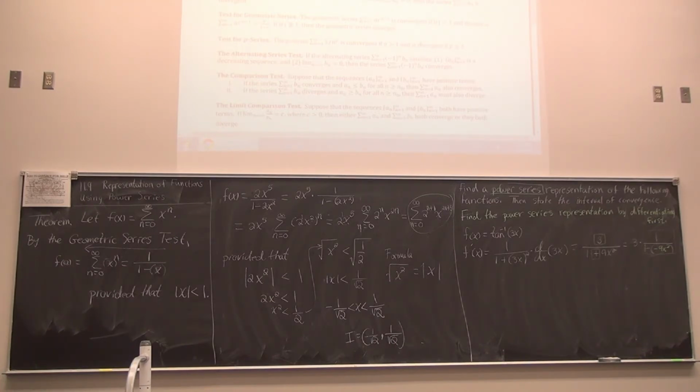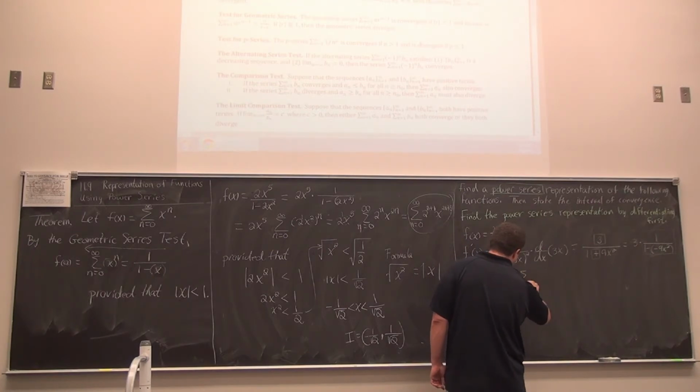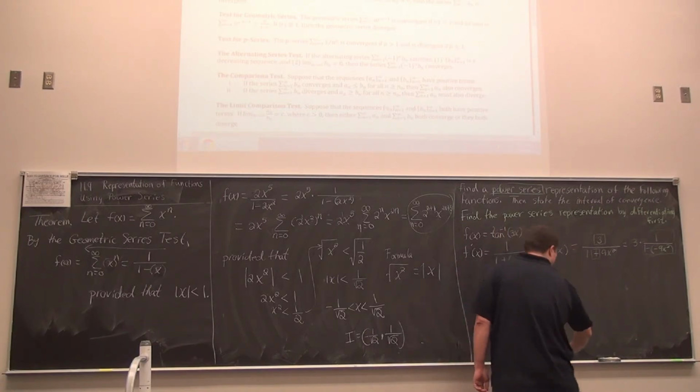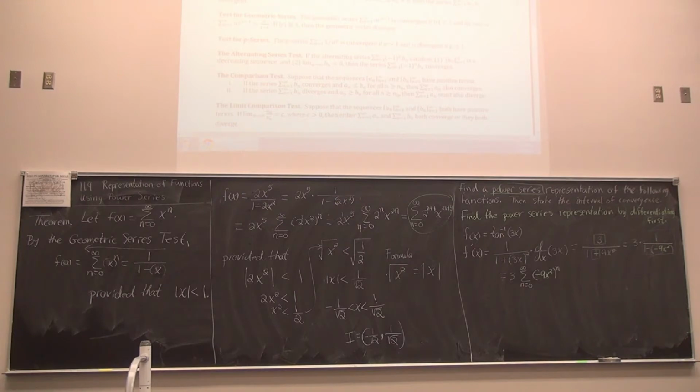Any questions so far then to that step? Okay, so let me take another step to say that this is then equal to 3 times the series as n goes from 0 to infinity of negative 9x squared to the power of n. So we've done it. We have a power series representation of the derivative. We want a power series representation of f of x, which still means we have some work to do, but we're getting there. Any questions at all to this step so far?